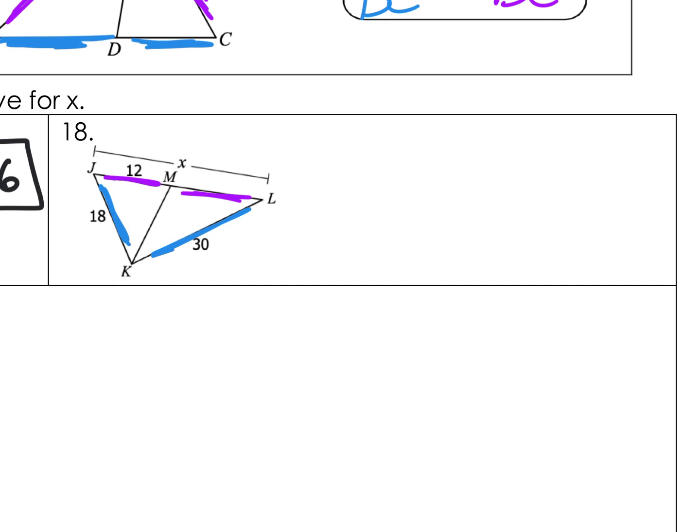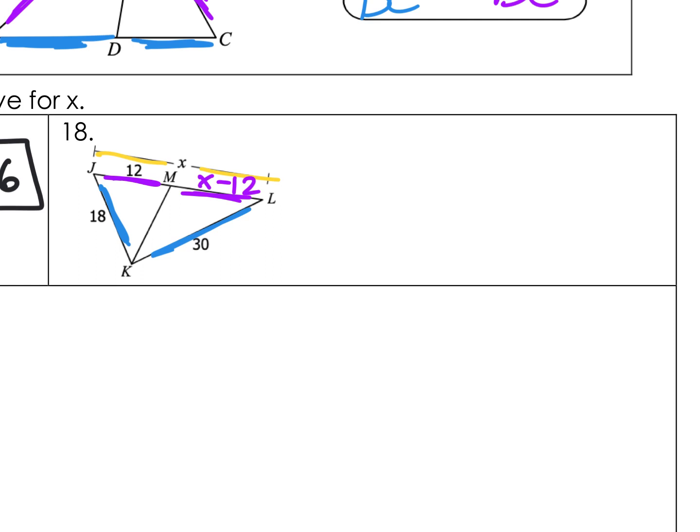If this whole side is x, and we know that that little piece is 12, then how can I represent that guy? Or how would I get it? Whole side minus the little piece, what would it be? X minus 12. Take the whole side and you subtract the piece next to it.